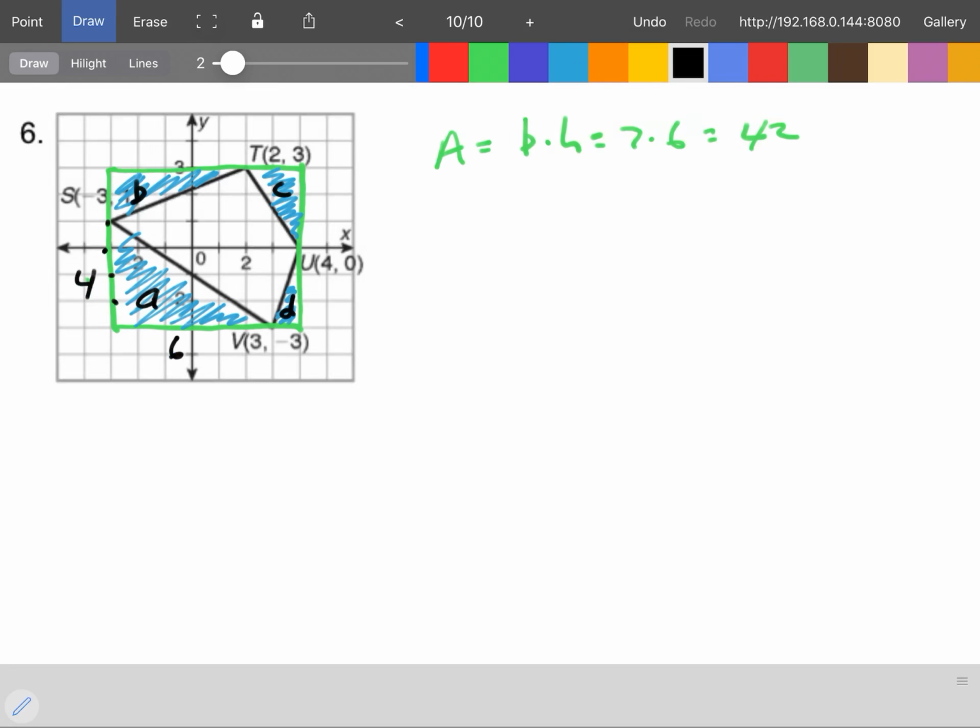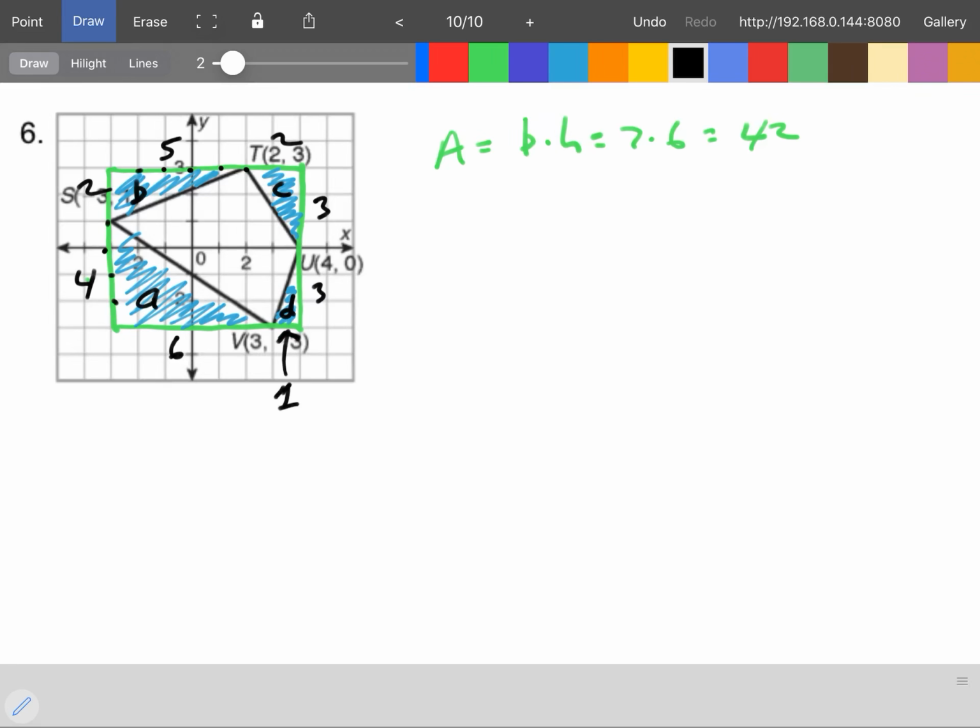For triangle B, we got a base of 1, 2, 3, 4, 5, and a height of 2. For triangle C, we got a base of 3 and a height of 2. And for the little tiny one D, we've got a base of 3 and a height of 1.